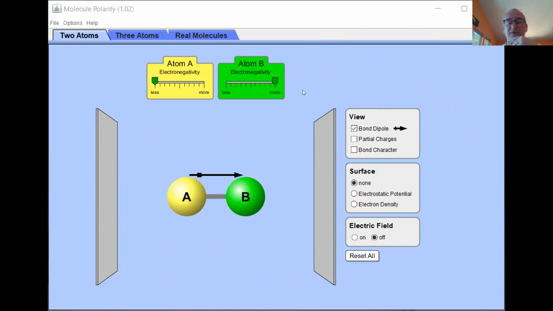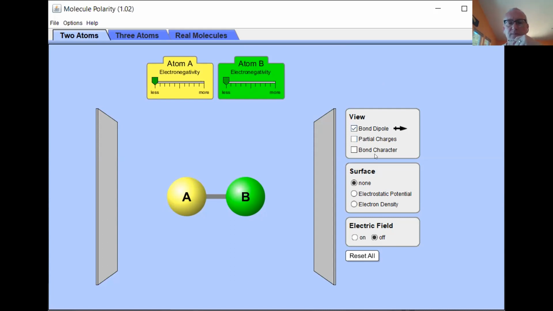With a big difference in electronegativity, the dipole moment is large and the arrow is long. When we reduce the difference, it shortens until, when there's no difference in electronegativity at all, there is no bond dipole because the electronegativities are exactly the same.